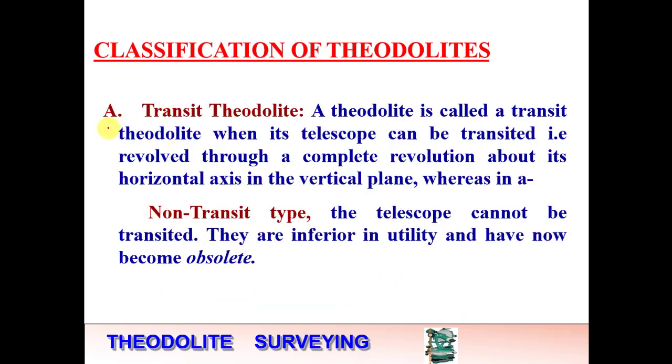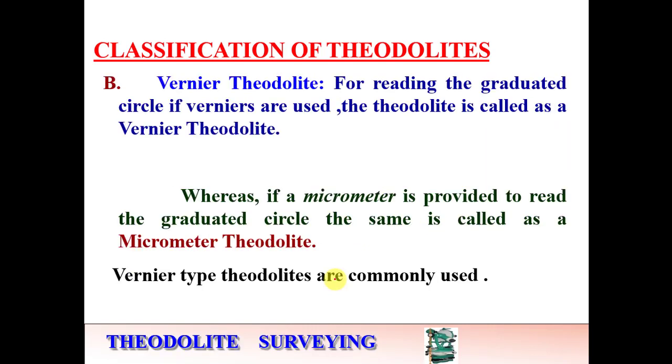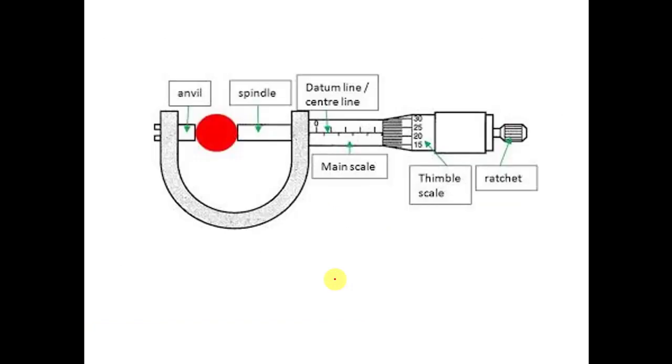So this is the definition of transit theodolite and the definition of non-transit theodolite. You can go through these lines, but I already covered the explanation of transit as well as non-transit theodolite. Same, we have already covered the vernier theodolite as well as the micrometer theodolite.